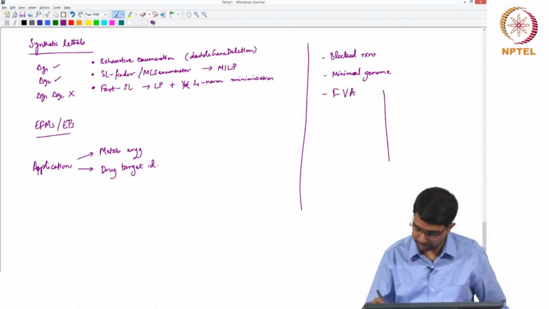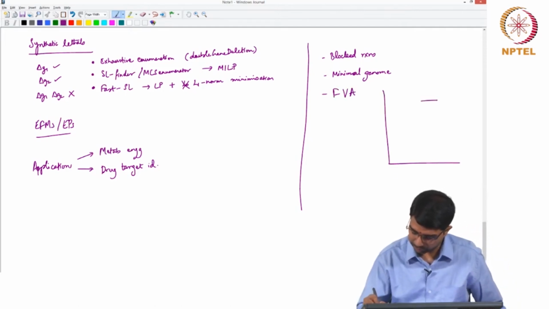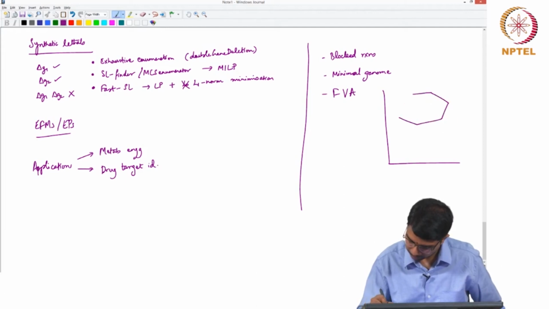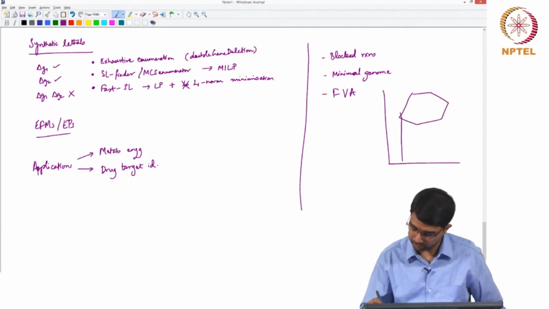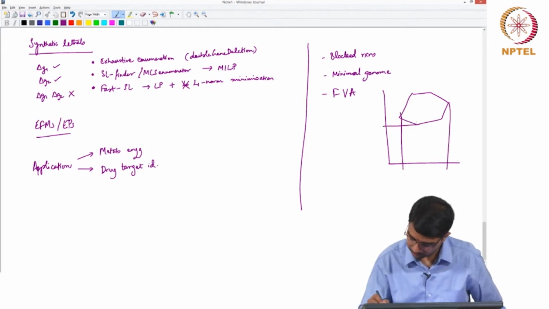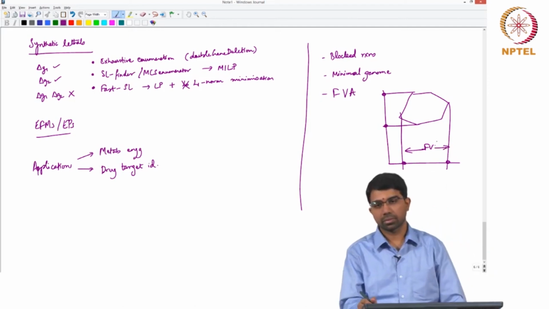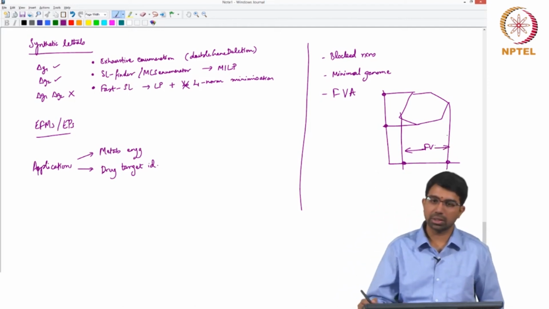So, if this is your flux cone, this will be convex. This tells you the minimum value and the maximum value for your fluxes. This is flux variability, right. So, flux variability analysis basically does this.